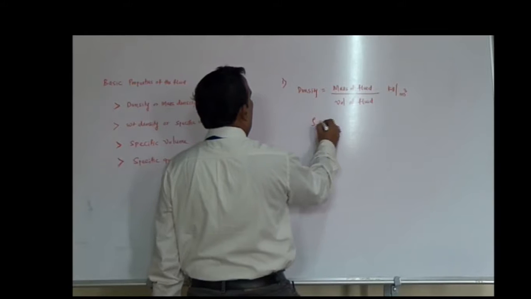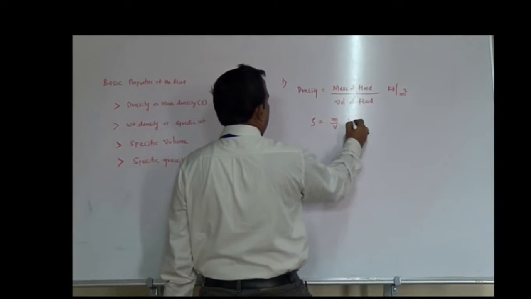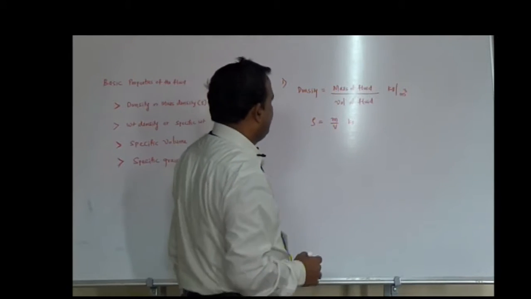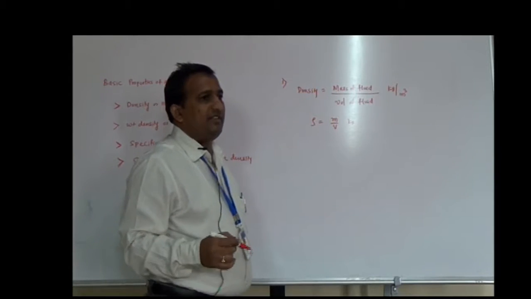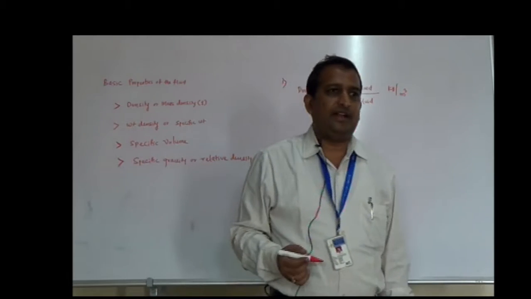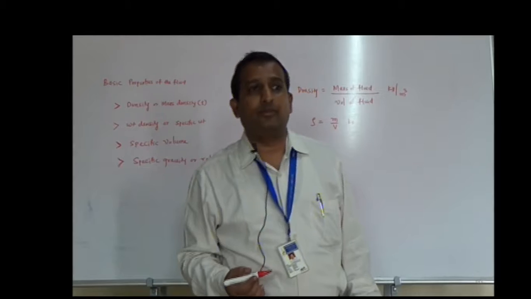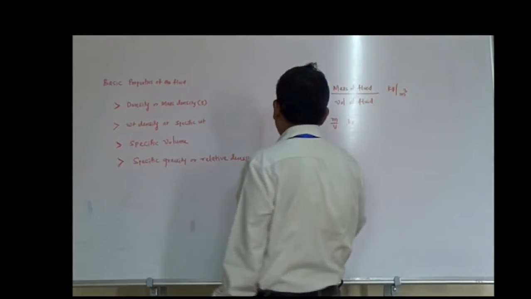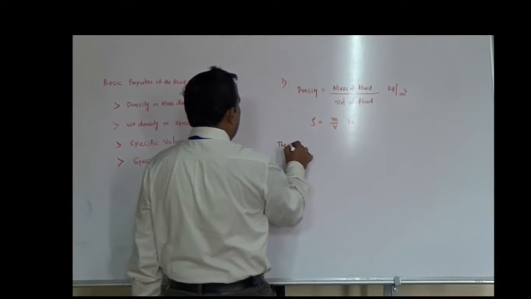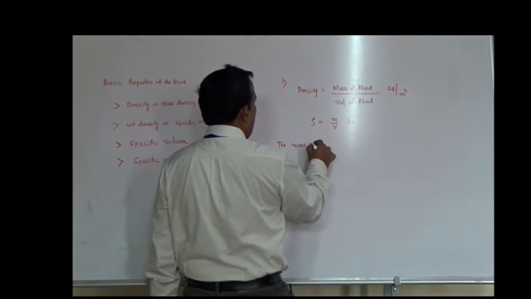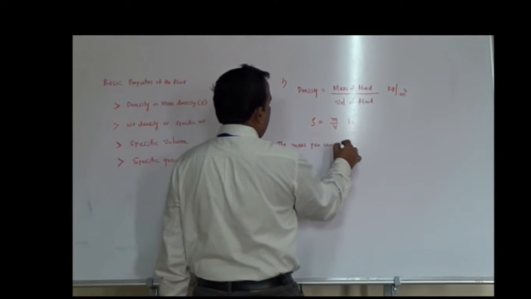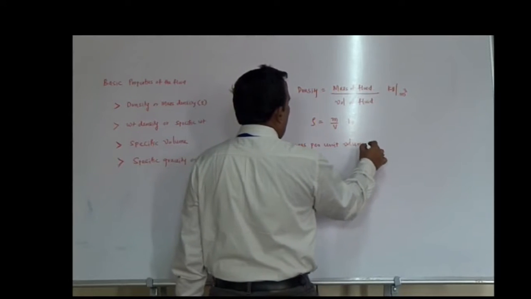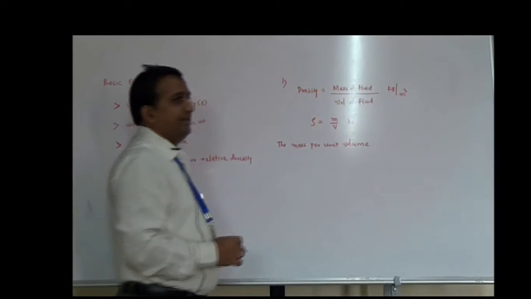Rho equals m by v means how much mass is occupied by the fluid for a unit volume. Otherwise we can define it like this: the mass per unit volume is called density.